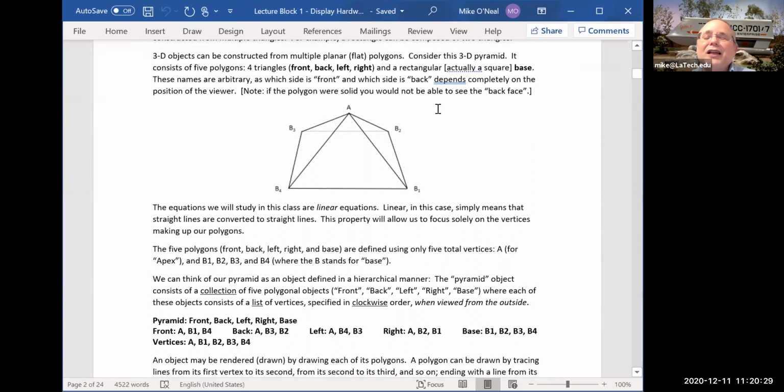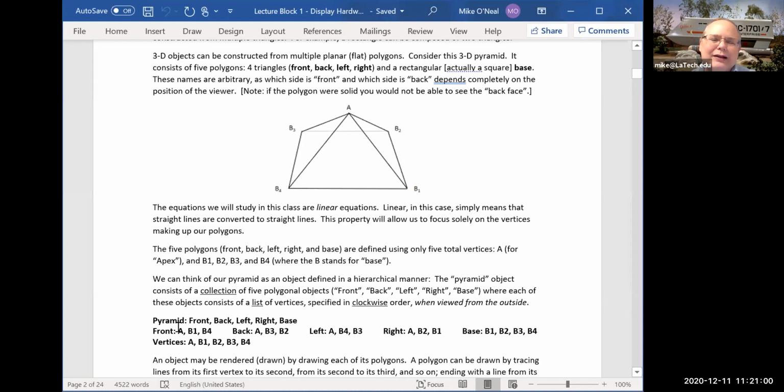If we look at an object, there's a hierarchy to things. An object is composed of a collection of polygons. This pyramid has 5 polygons: a front, a back, a left, a right, and a bottom. Don't forget the bottom. And so a pyramid is a collection of polygons: front, back, left, right, base.